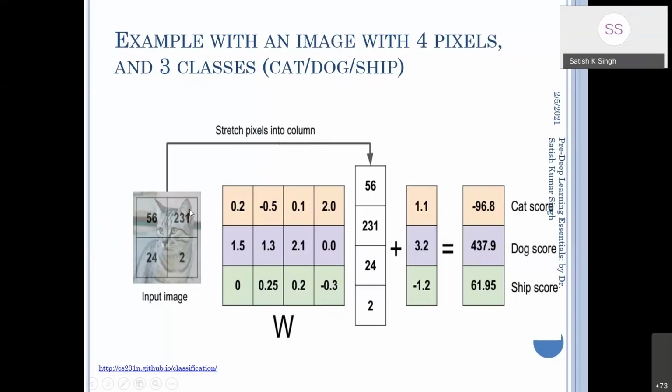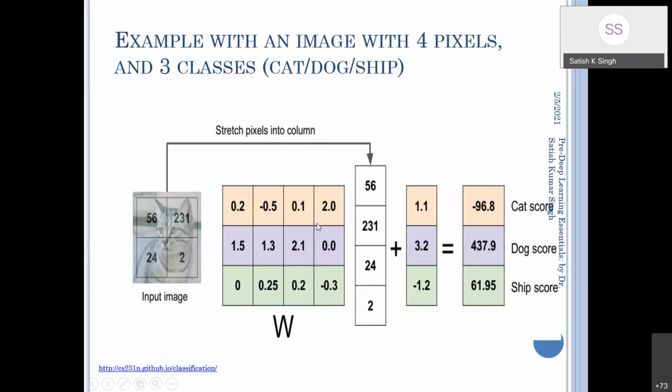But what is the problem? If the size of this W is very, very large, then optimizing the value of W is a very critical, very tough process. If we consider a 1024 by 1024 image, then you can imagine how many data points will be there.